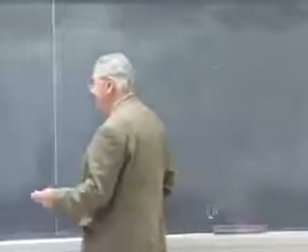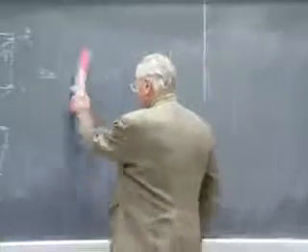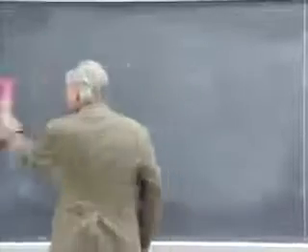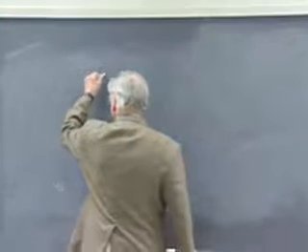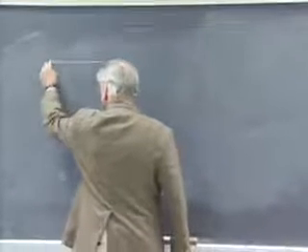rectangular net that has either a mirror plane or a glide plane in it. And they're both going to have the same sort of constraint.